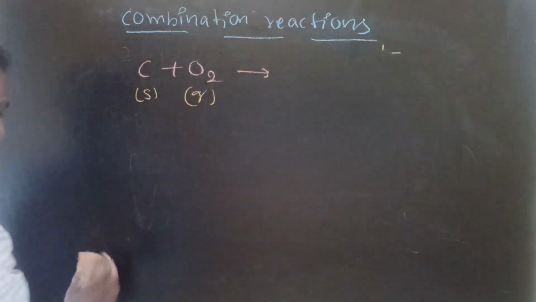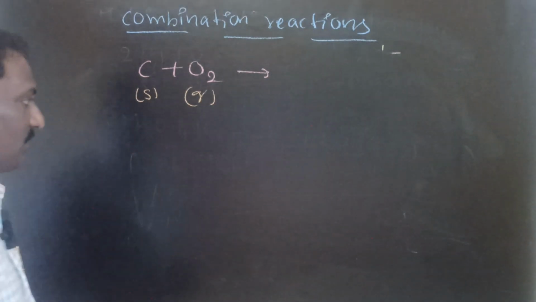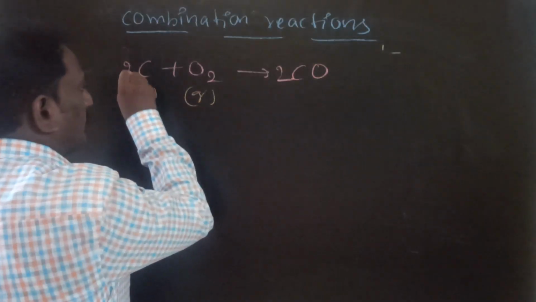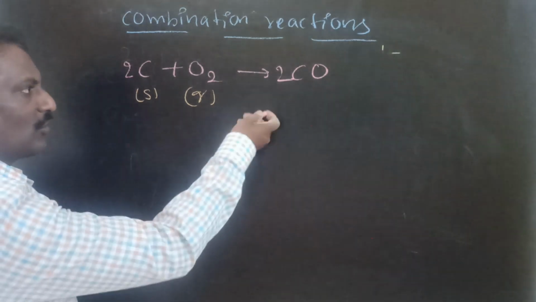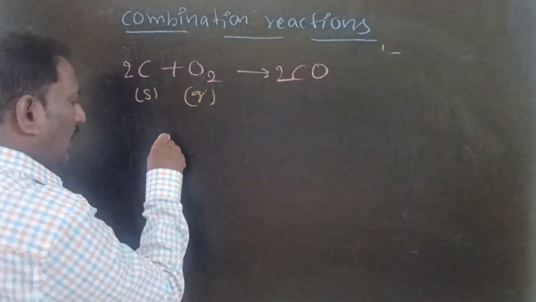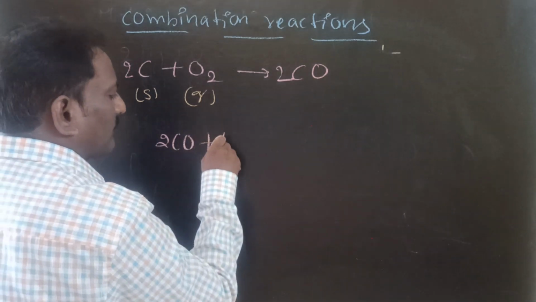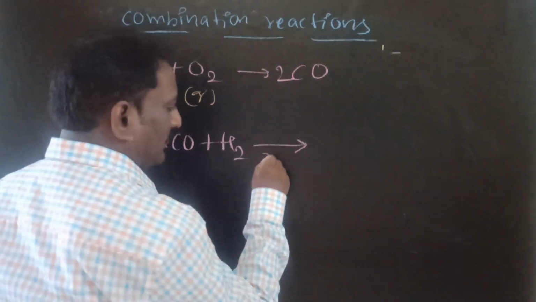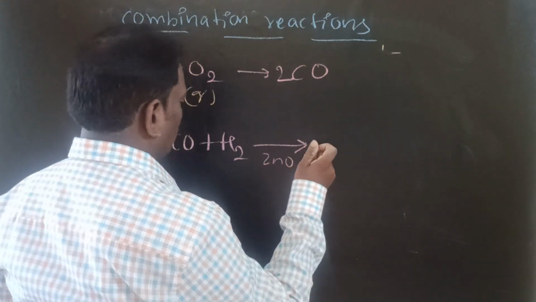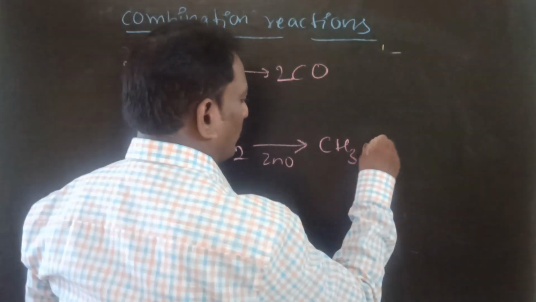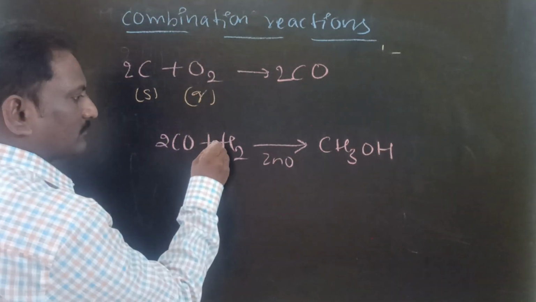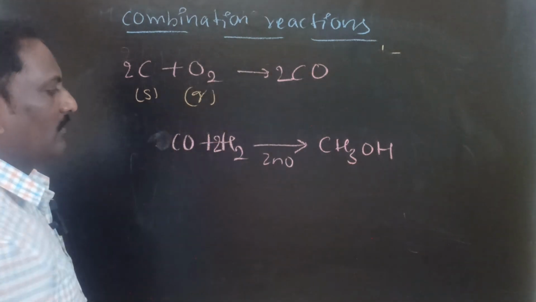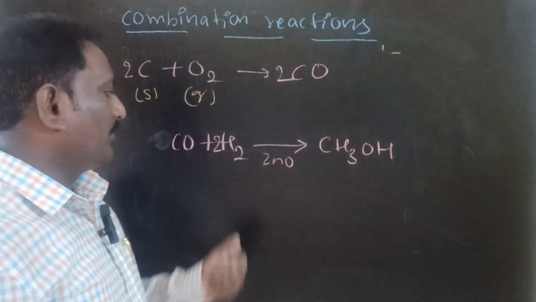One more. Carbon reacts with oxygen, in insufficient combustion, and you get carbon monoxide. Carbon monoxide is a combination reaction as well. Carbon monoxide reacts with hydrogen in the presence of zinc oxide and chromium oxide, and you will get methyl alcohol.